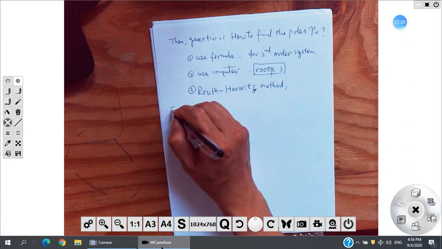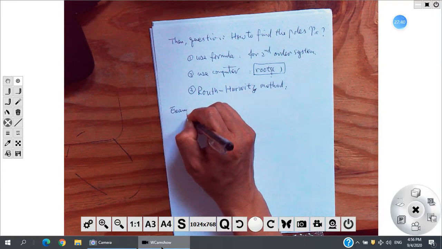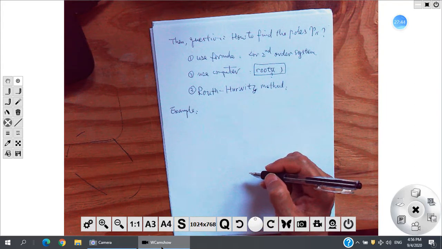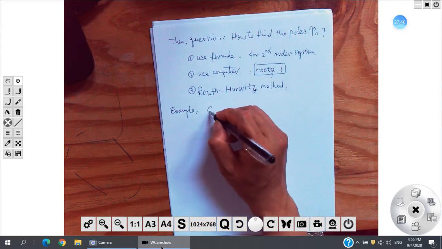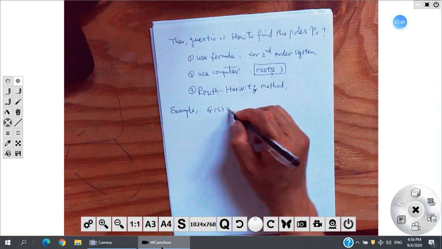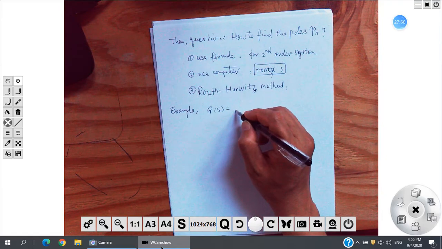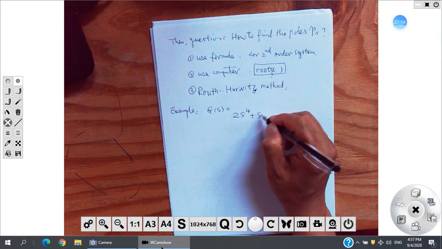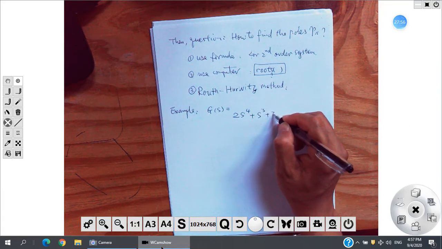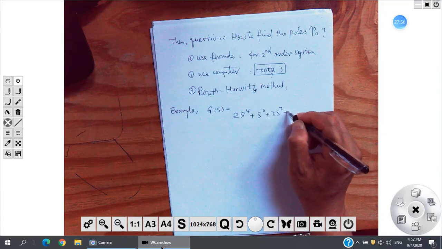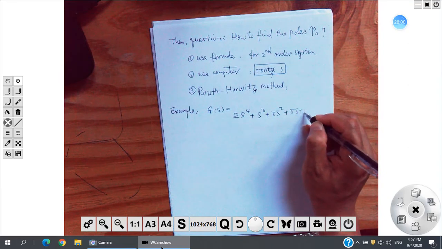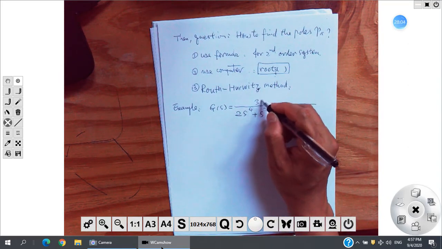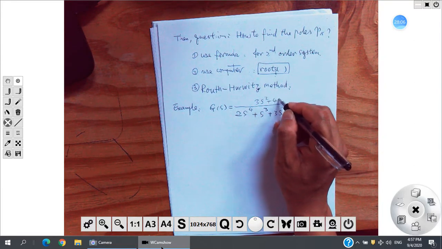Alright, example. Suppose I have a system G of s equal to 3s squared plus 4s plus 7 in the numerator, over 2 s to the 4 plus s to the 3 plus 3s squared plus 5s plus 10 in the denominator, for example.